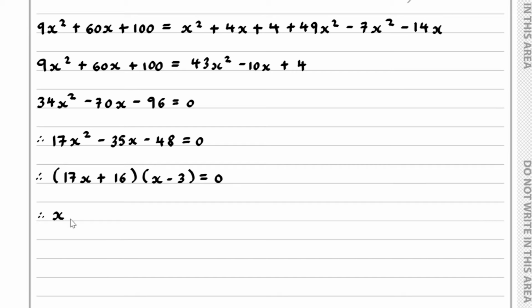So we can see then x is either equal to negative 16 over 17, or we have x equals 3. And so therefore, what we can conclude then is x equals 3 is the only solution, and that's because x must be greater than 0. Length must be greater than 0.